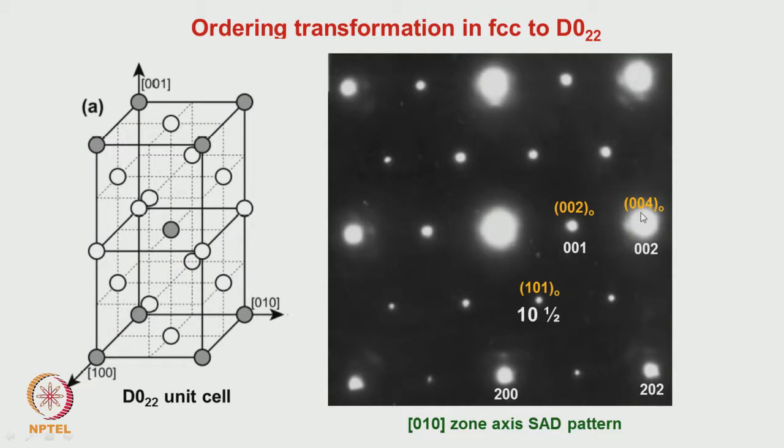The same fundamental reflection, 002 for the matrix, will be 004 for the body centered tetragonal. As far as the matrix, FCC, is concerned, we represent it as 002. Similarly, the 001 is represented as 002 of the ordered lattice.